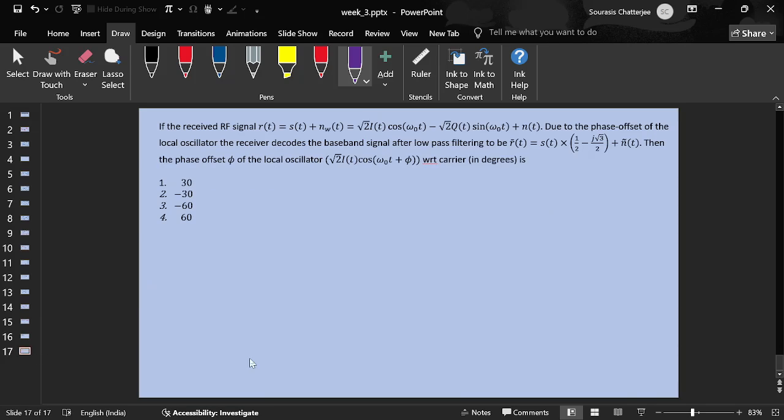So about this question here, the received RF signal is like this. Now I have a phase offset in the local oscillator, and my received signal comes out to be like this, R hat t. How am I supposed to find the phase offset?